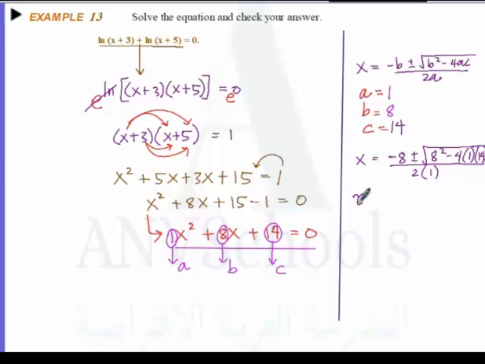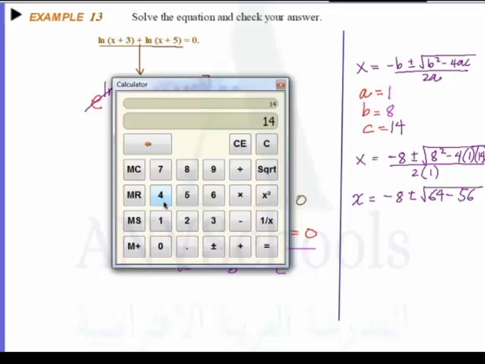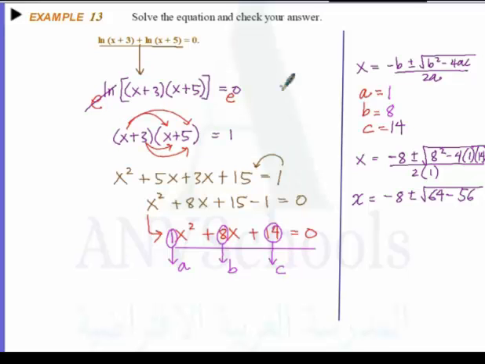And this will give me negative 8 plus or minus the square root of 64 minus 56, since 14 times 4 is 56, all over 2. So my x will then be negative 8 plus or minus the square root of 64 minus 56, which is just 8.